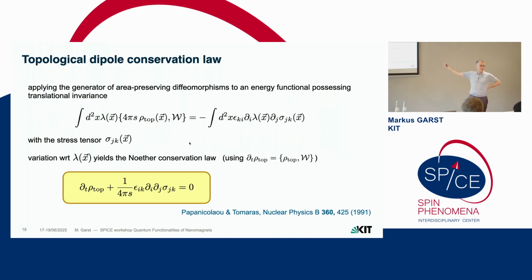And this is just a combination of the two. Yeah? This formula was first derived by Papadikoula and Tomaras at the beginning of the 90s. And I think this result is not much appreciated in the literature, but it's very fundamental for magnetic textures.